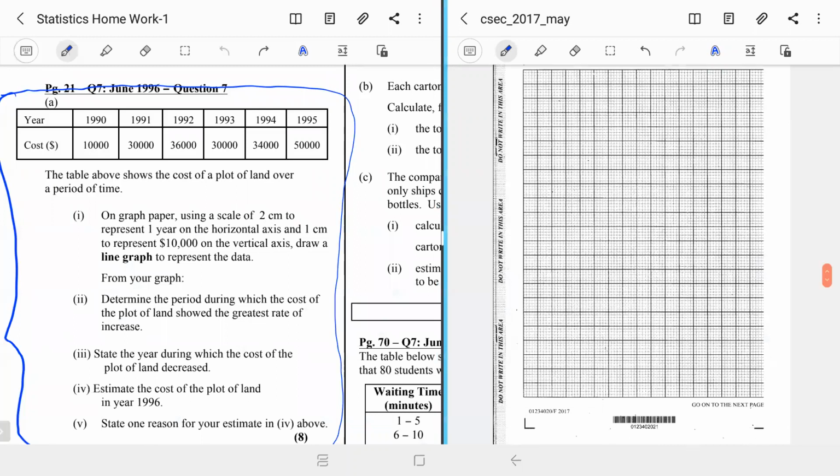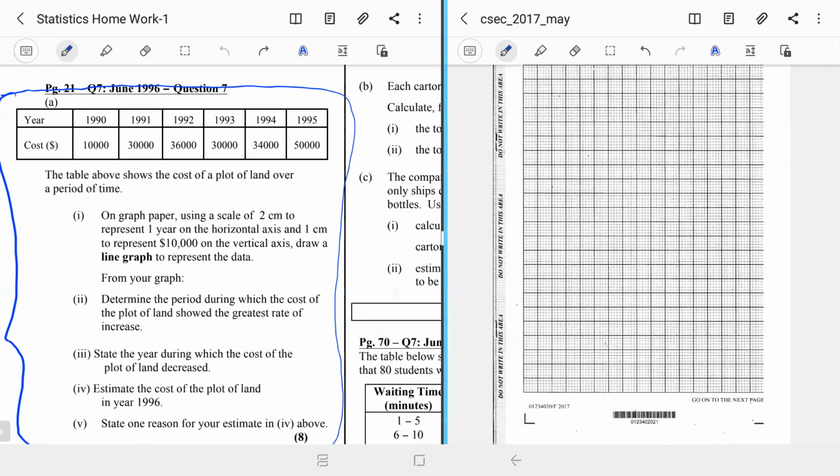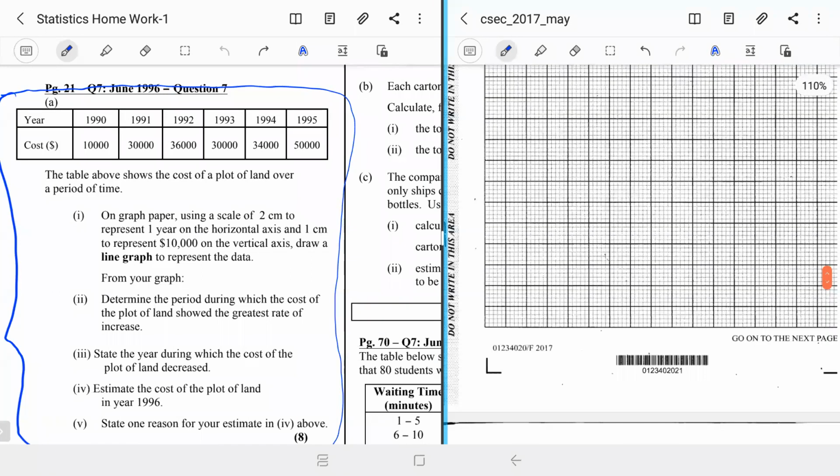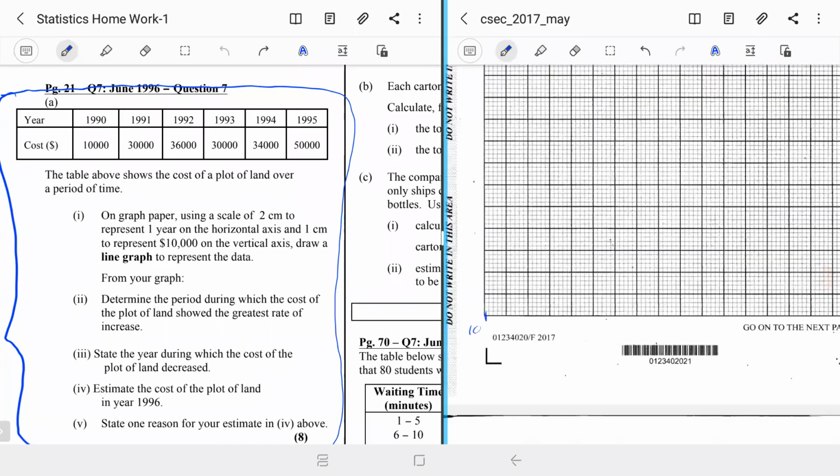I'm going to start at 1990 right here. Then 2 centimeters later is 1991, this is 92, this is 93, this is 94, and this is 95. All right, 1995.